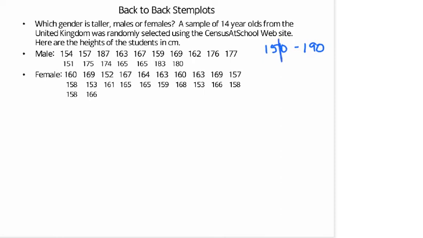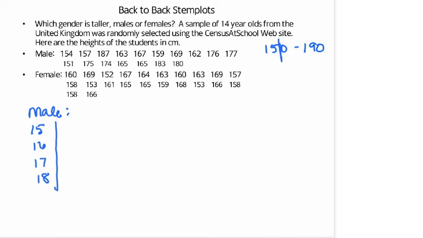So I'm going to do this quickly because I'm assuming you guys can do this. So here's the data for the males. And again, I've already put my data into my calculator and I've sorted it, which helps me immensely. All right, so I've got a basic one, which would be pretty easy: 15, 16, 17, 18 as my stems.